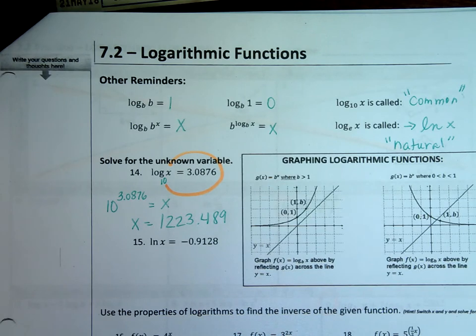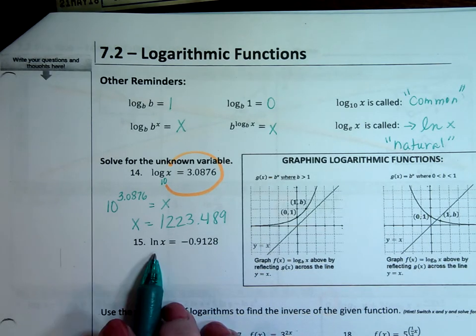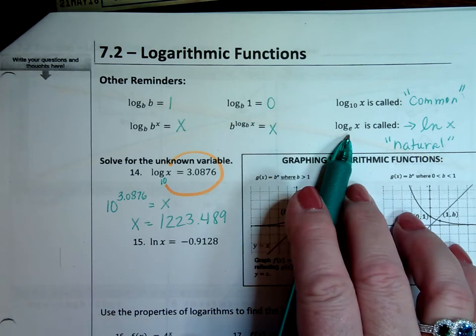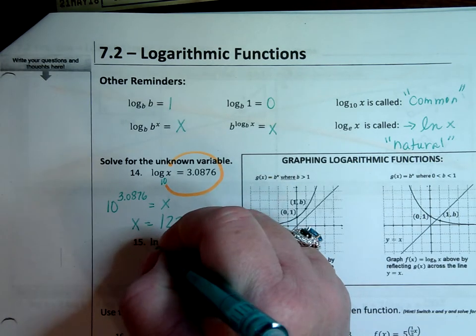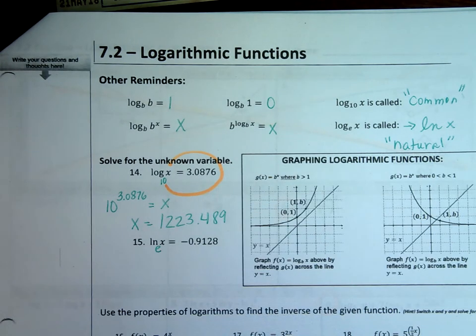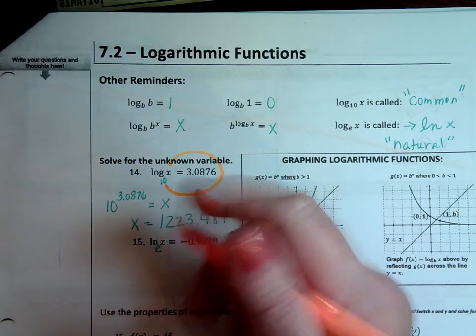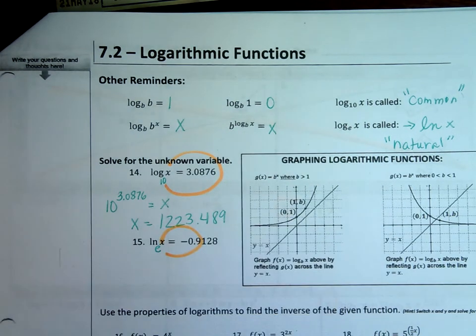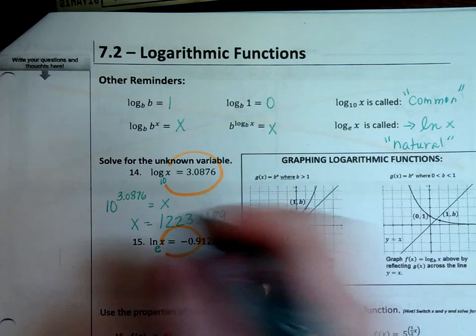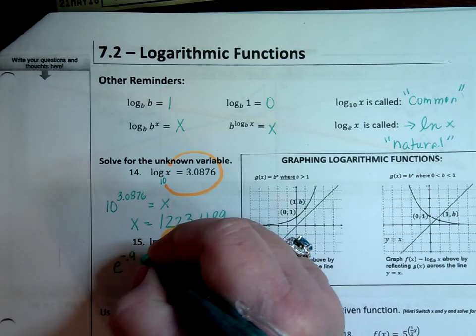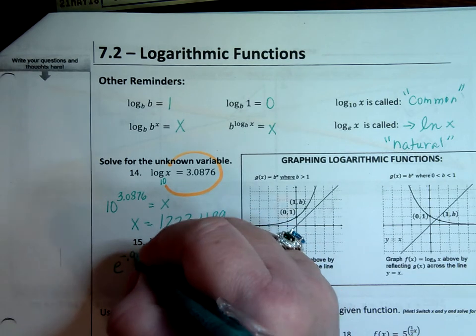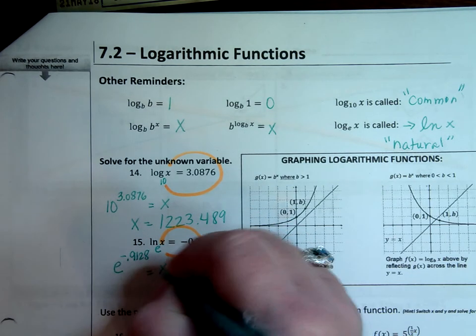Next one, see how they have an ln there? Well, ln has a base of e. Remember e from our exponents? This has an invisible base of e. So when I do my loop this time, I have e to the negative 0.9128 equals x. I go to my handy dandy calculator.